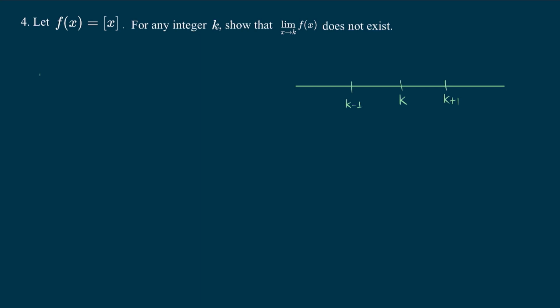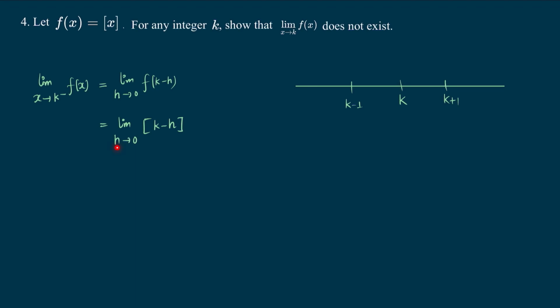So my left hand limit will be limit x tends to k minus of f(x), and this will equal limit h tends to 0 of f(k minus h). Now since f(x) means floor of x, f(k minus h) will be floor of k minus h. Now here, where is this k minus h?